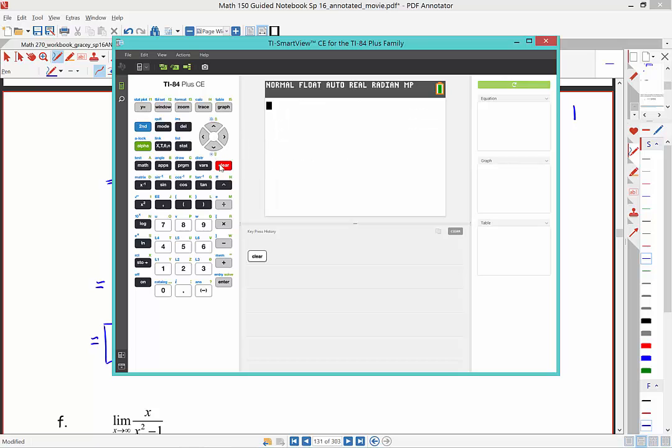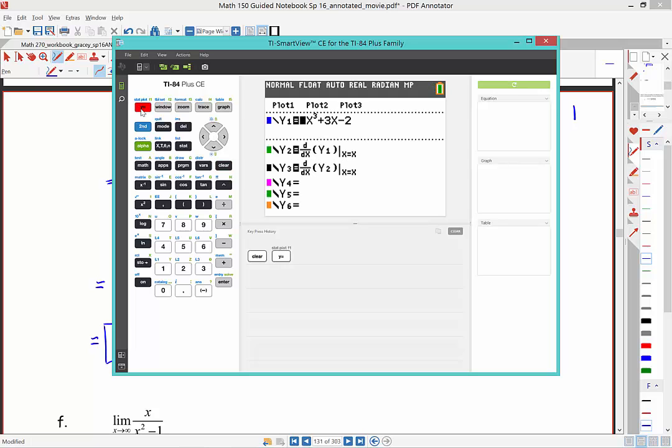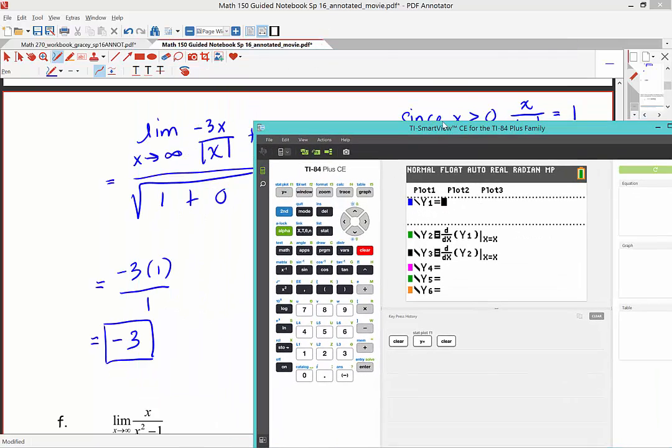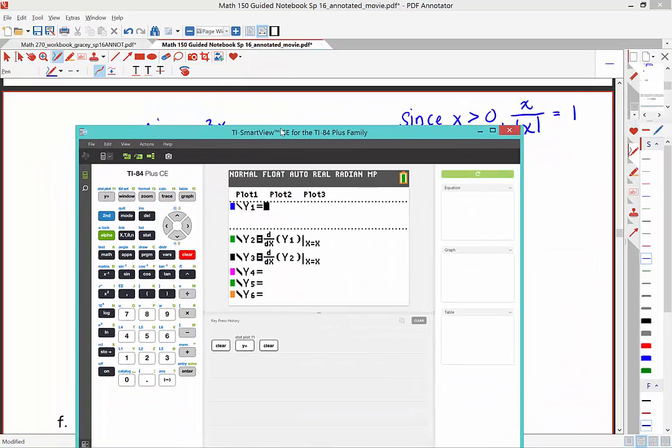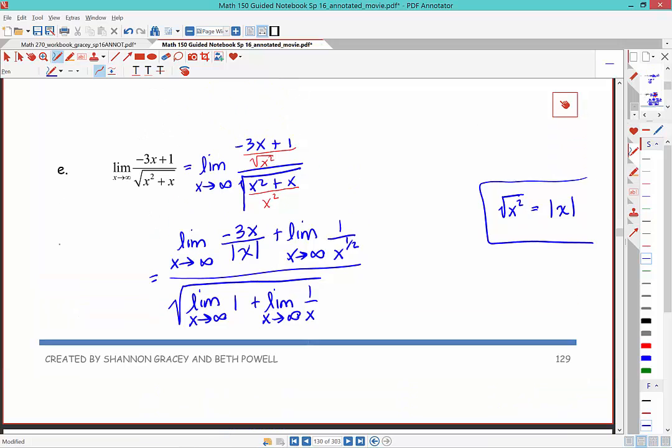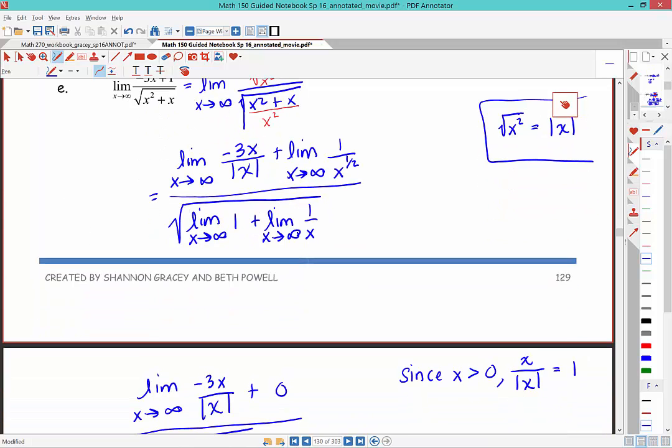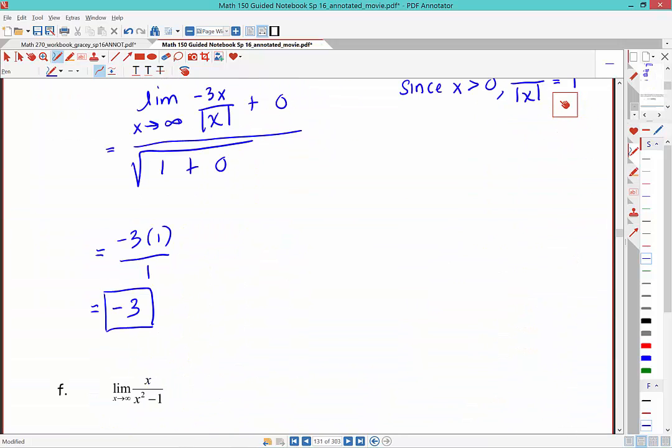So let's just take a look at this graph and see what we get. So what did we start out with? It was negative 3x plus 1 over the square root of x squared plus x.